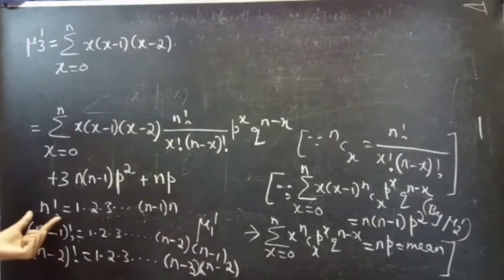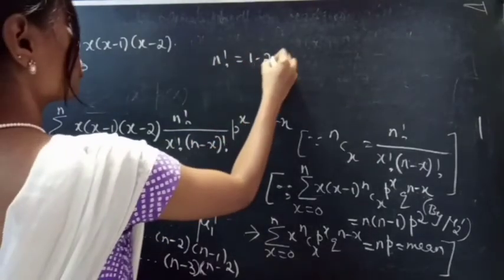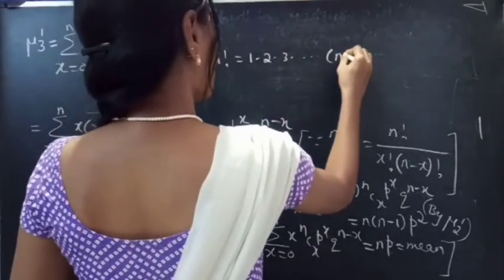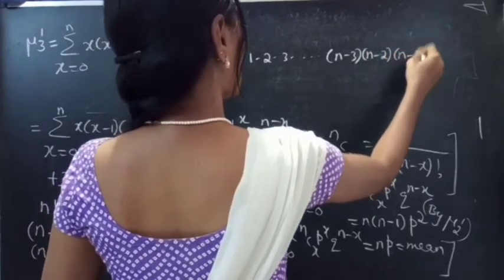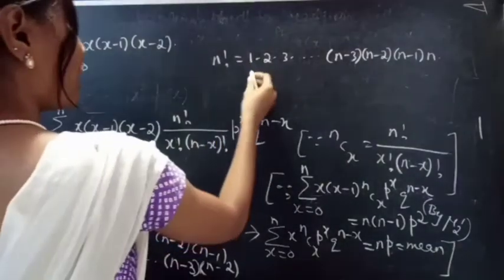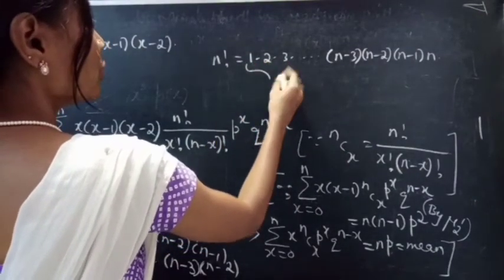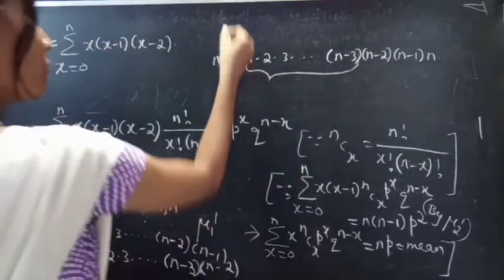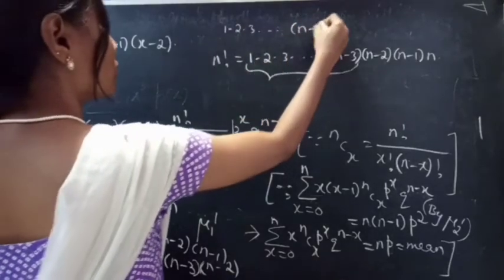Alright. So you could write this n factorial, which is equal to 1 into 2 into 3 into so on into n minus 3 into n minus 2 into n minus 1 into n. So you can consider 1 into 2 into 3 into so on into n minus 3 as n minus 3 factorial.